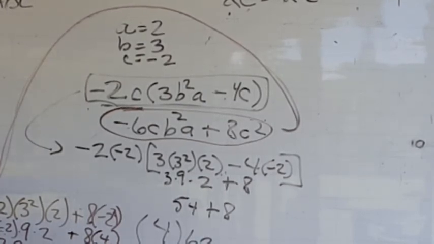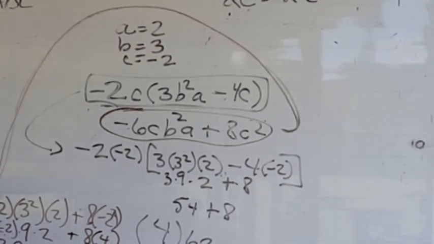Plus 8 times 4, which is 32. So 32 plus 216 is 248.